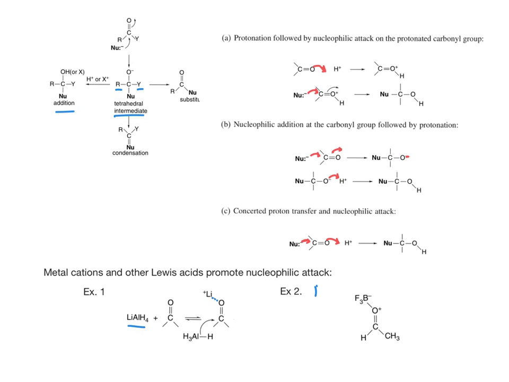Also, boron trifluoride is often explicitly added to reactions as a Lewis acid catalyst. So remember, boron trifluoride would not have a full octet, so it would be electron deficient, and so it would attract, as boron compounds do, the electron density of the oxygen.